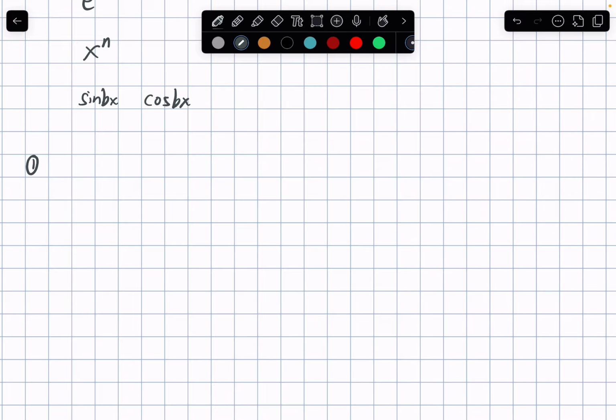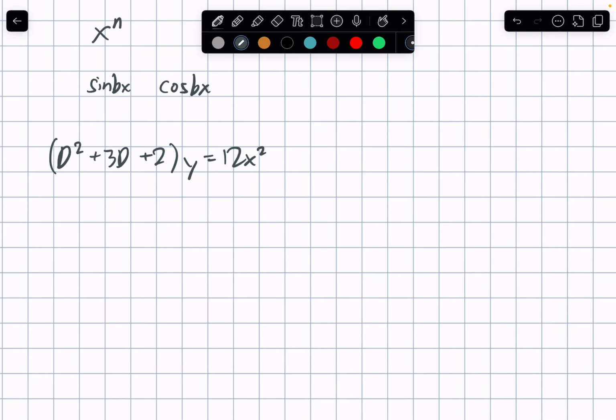Let's obtain the general solution of D squared plus 3D plus 2, applied to y, equal to 12x squared. Let's have this problem. First thing we need to do is we equate the left-hand side to 0.